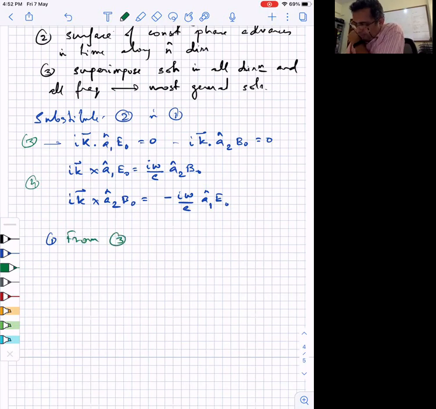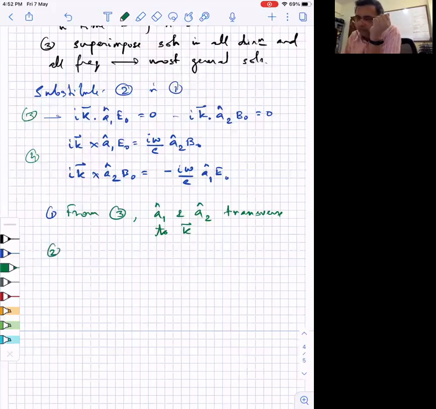From 3, you see that A1 cap and A2 cap are transverse to K cap. Okay, so it's basically transverse to n cap. So that's the first thing.